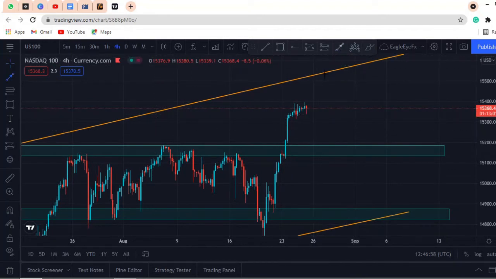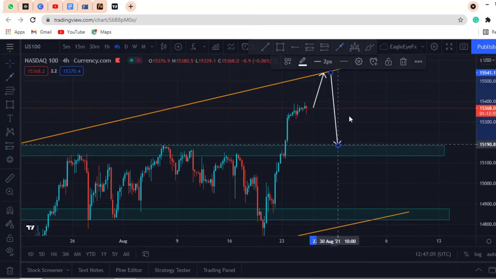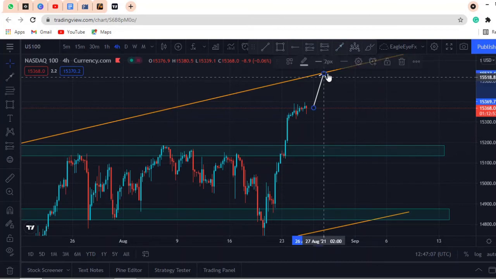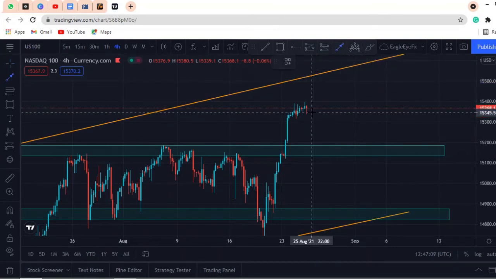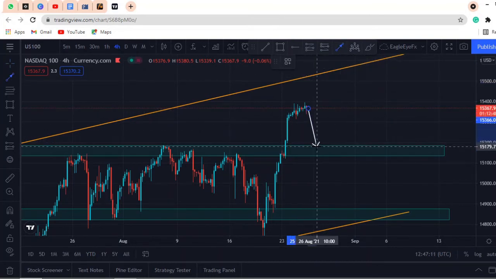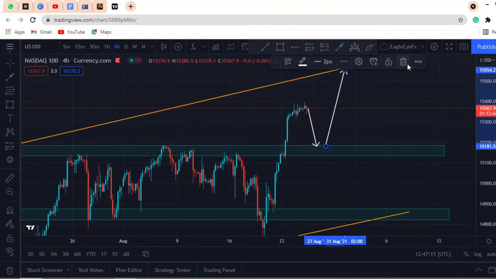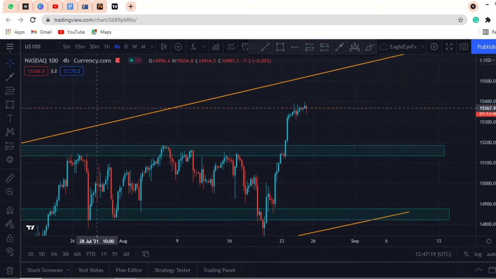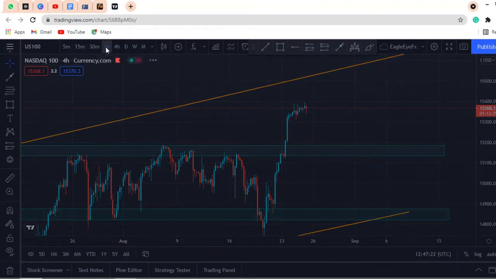So Nasdaq might easily go to this line before it comes here, or it might easily come down before it goes up. Those are two possibilities. Let's go to the 1-hour time frame and see.